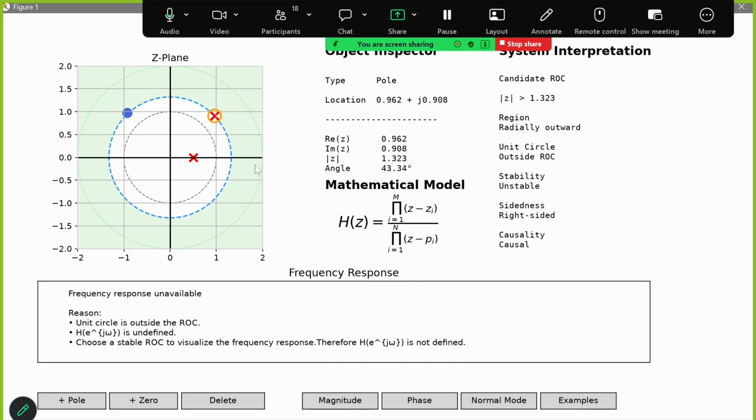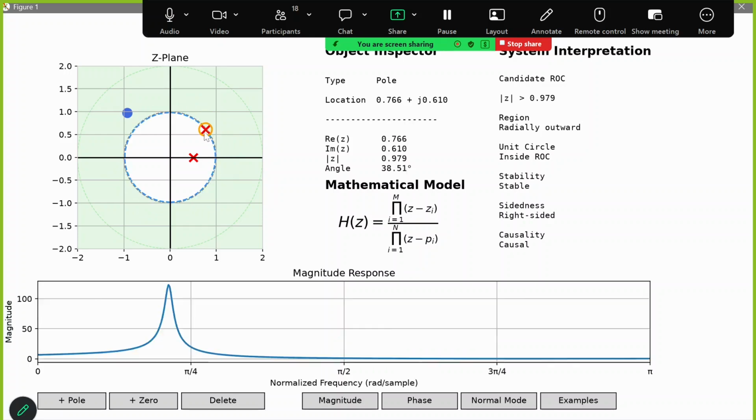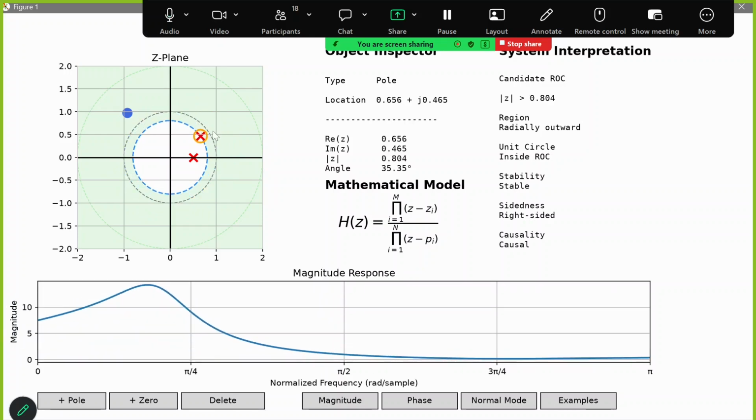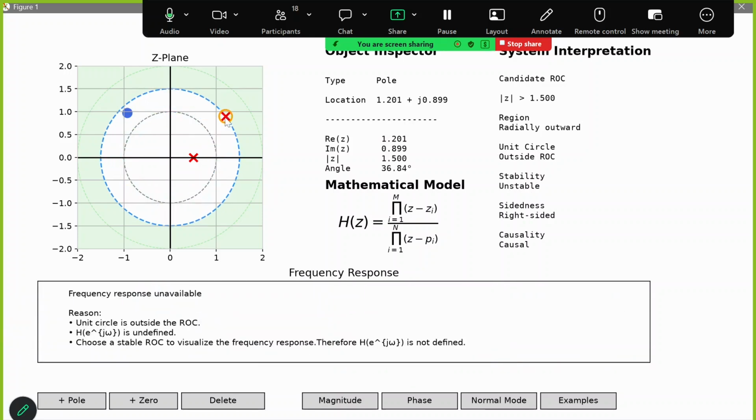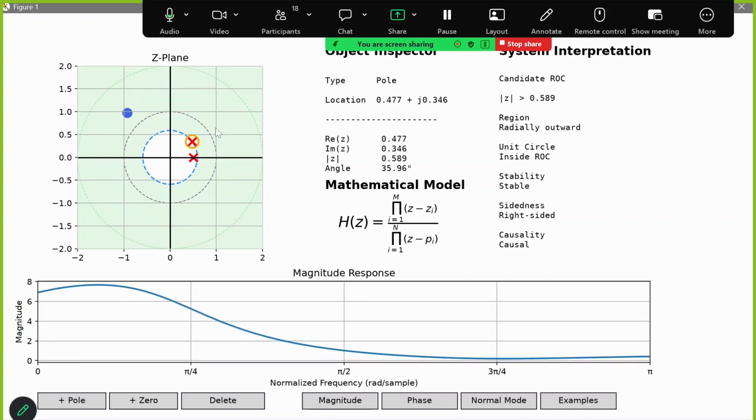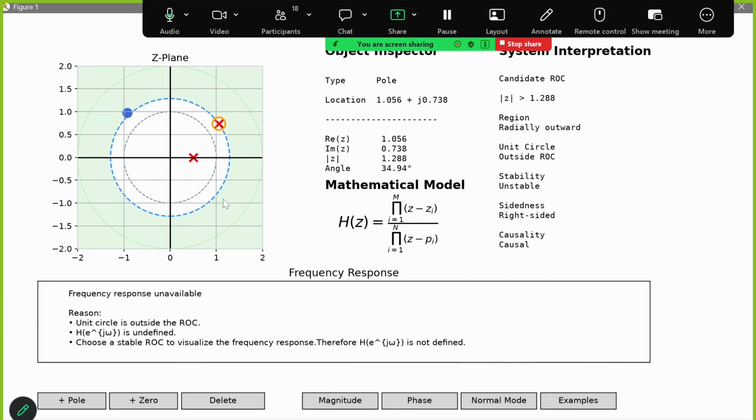That's about the ROC. And from this Z transform, we can also determine the sidedness, like I said. So for example, let me drag this circle.